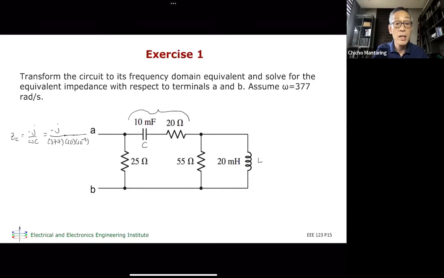Okay. Let's see if I have the answer to that. If I compute for this, Z of C is equal to minus J 0.27 ohms.